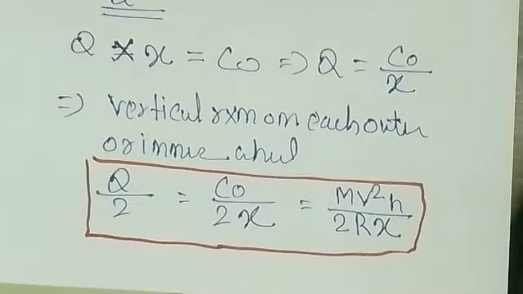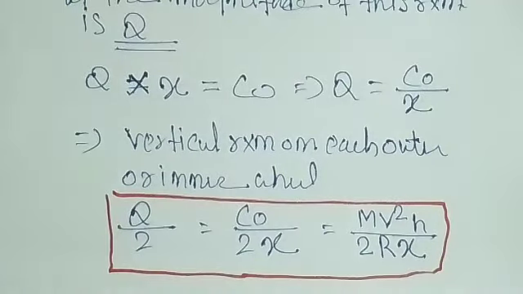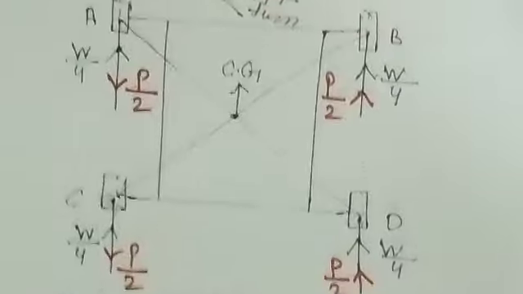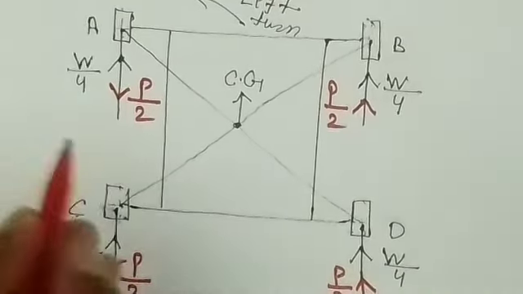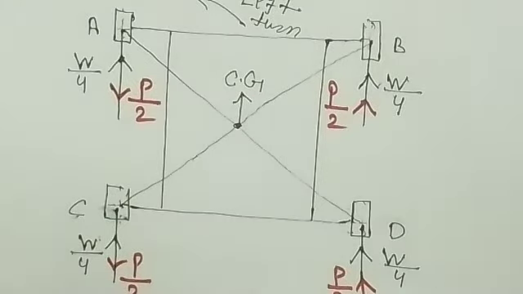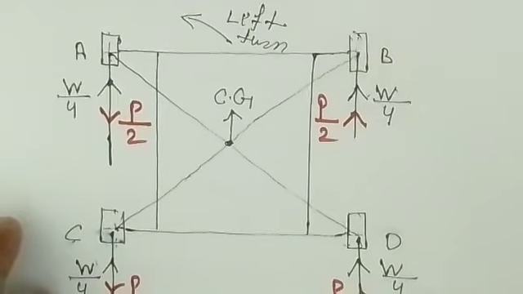So this reaction is acting upward on the outer wheel and downward on the inner wheel. We can show this reaction here, on the figure which we took at the beginning of the class. This is the inner wheel, with the vehicle taking a left turn.